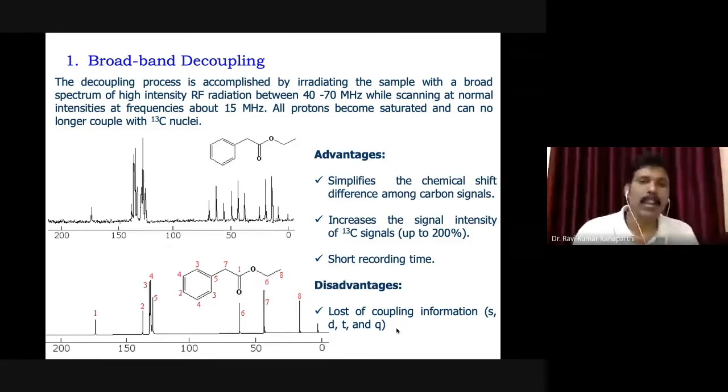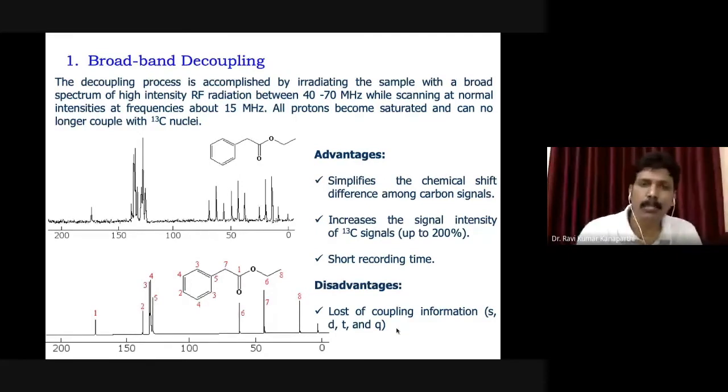On the other hand, since you are losing some of the coupling information, if you are really dealing with unknown compounds, this coupling is in fact needed, because only when you see the coupling pattern, whether it is a triplet or doublet or quartet, will you be able to judge how many neighbors a particular carbon nucleus has. Therefore, both advantages are there with the broadband decoupling technique, based on your requirement.